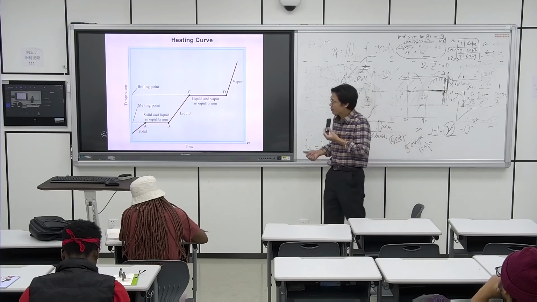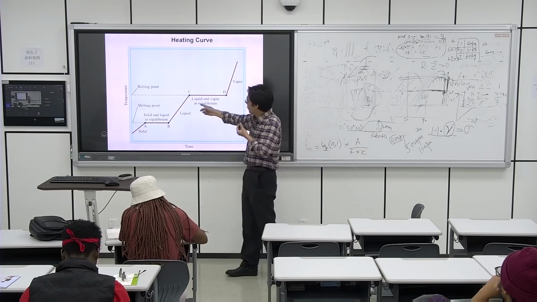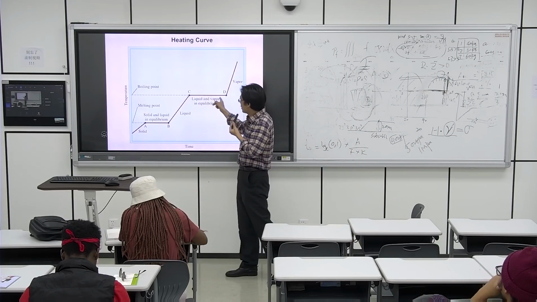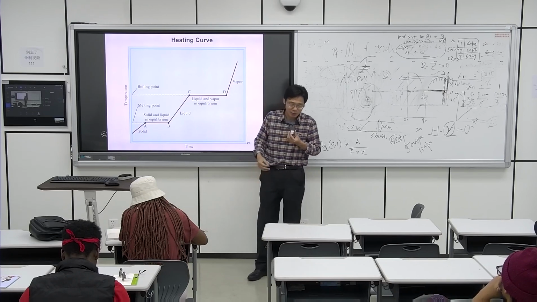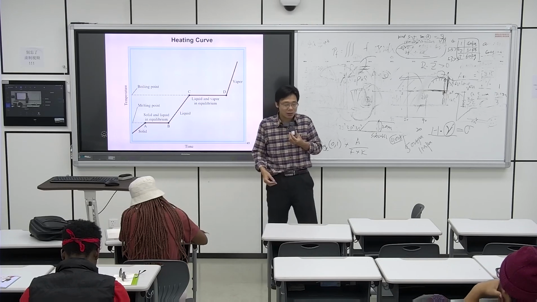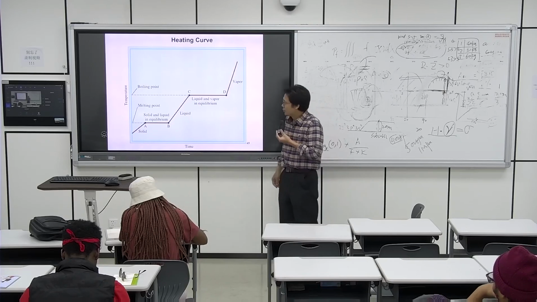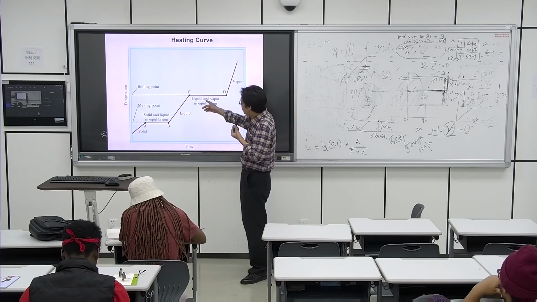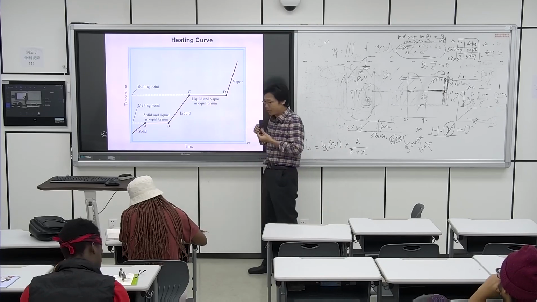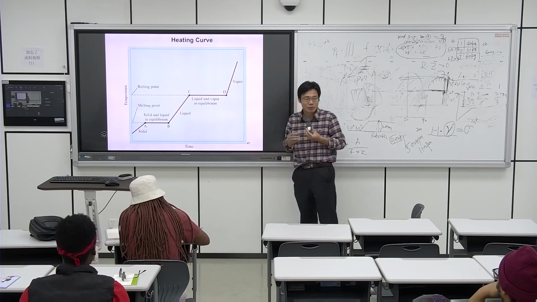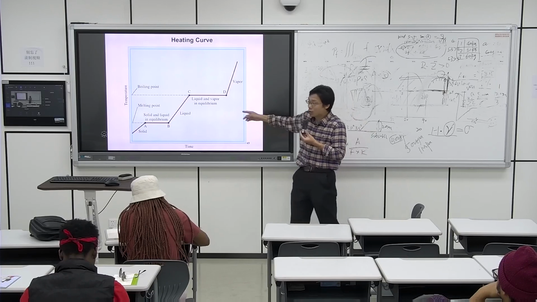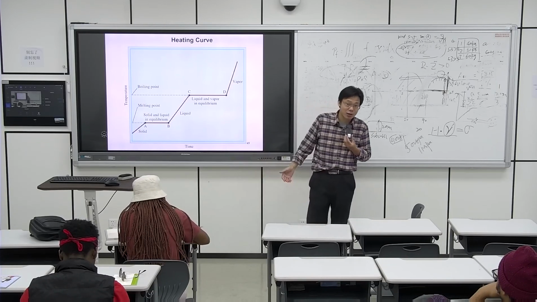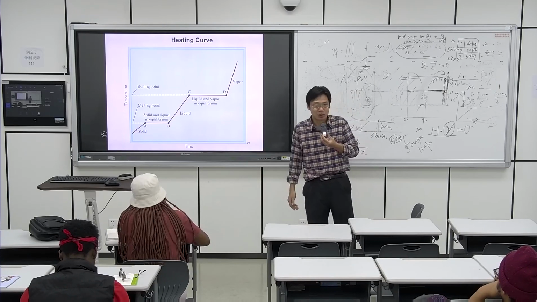But at the equilibrium situation, the temperature will not change because the energy is used to change the solid to liquid or change the liquid to vapor. Okay, so any questions about this? We can get this curve from experiments.